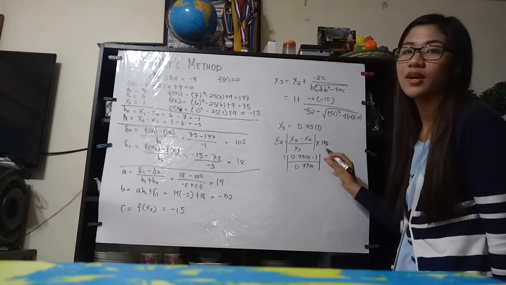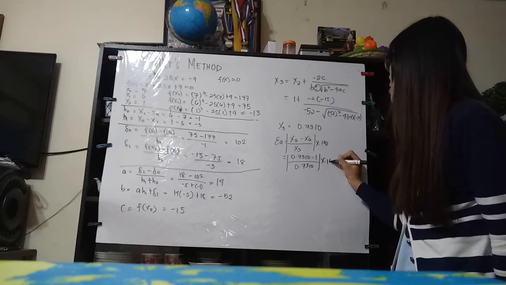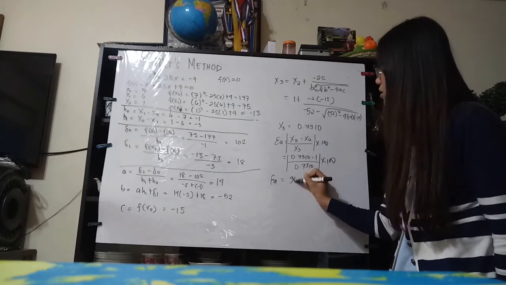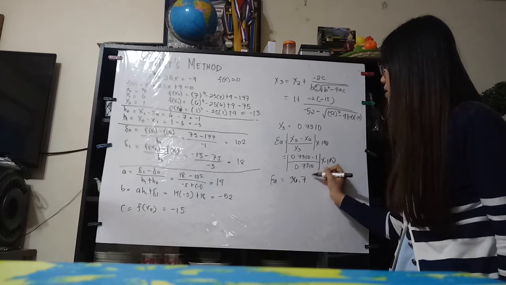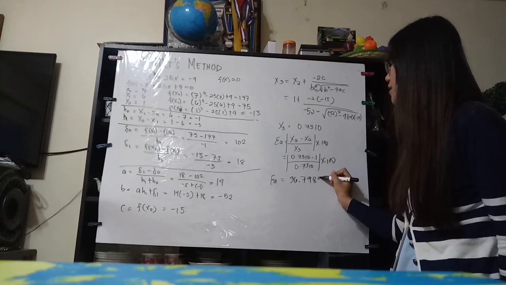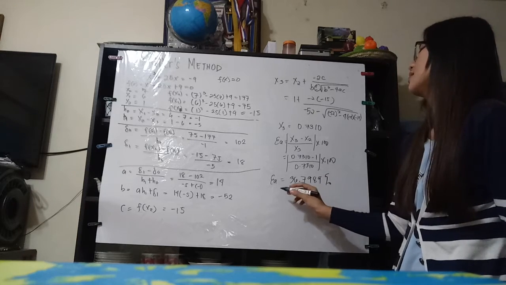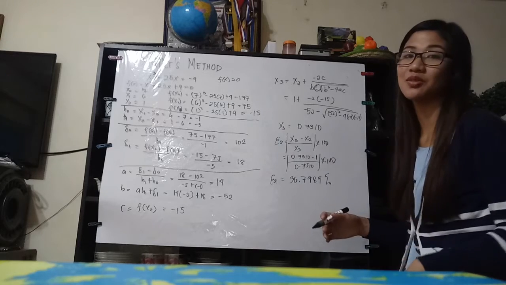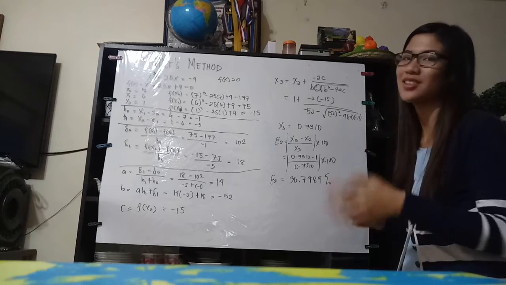Don't forget the absolute value here, multiplied by 100. Our approximation error would become 36.7989%. That means that we still have to iterate so that we get a closer value.